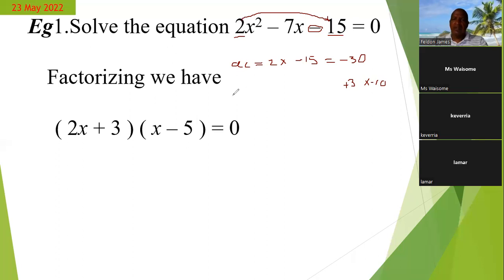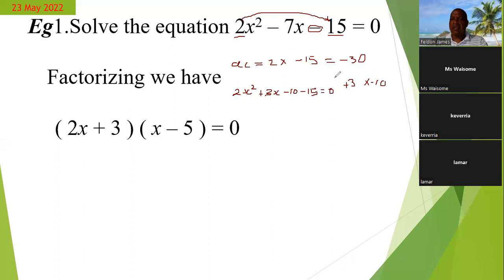So this would give us 2x squared plus 3x minus 10x, and then we write back the minus 15. And remember now, this is an equation, so you have to equate it back to 0.